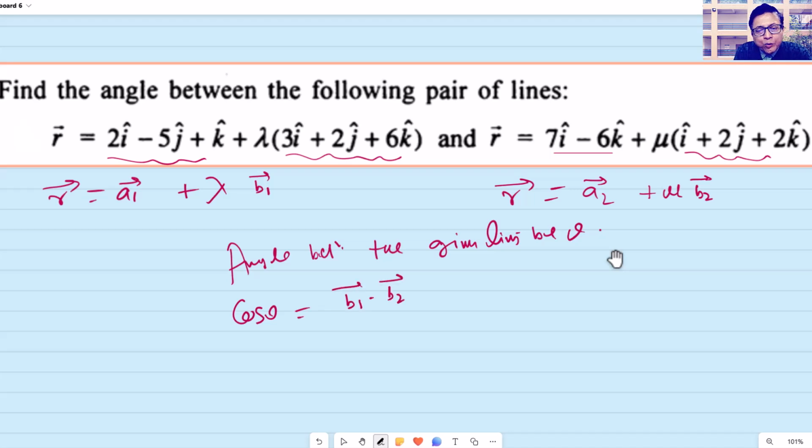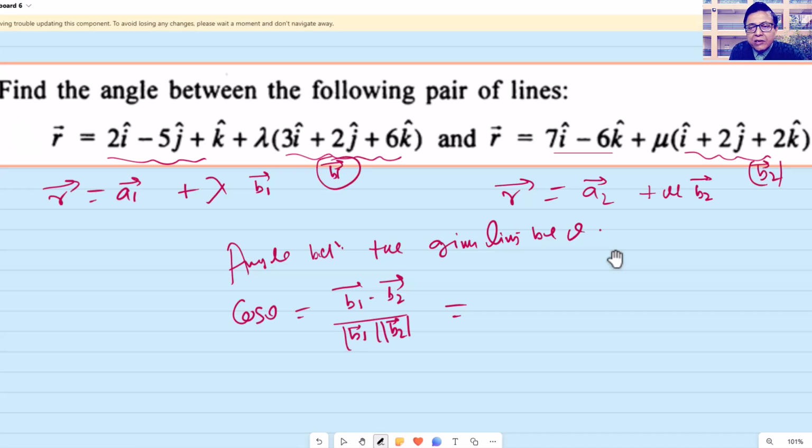Then cos theta equal to b1 dot b2 by mod b1 mod b2. Okay? I told you this part is b1 vector and this part is b2 vector when straight line is given in vector form.